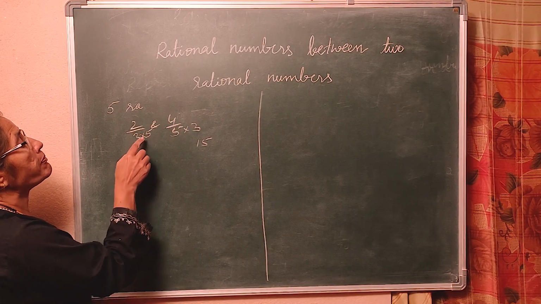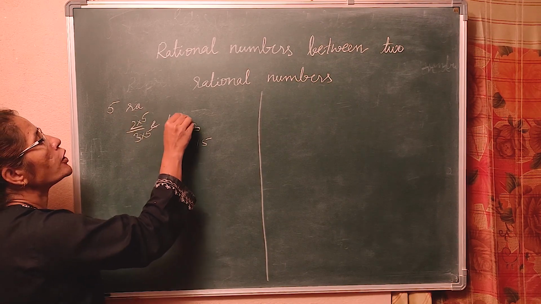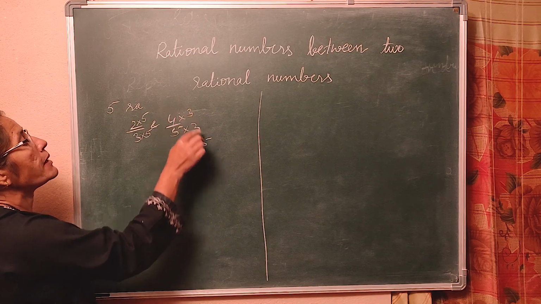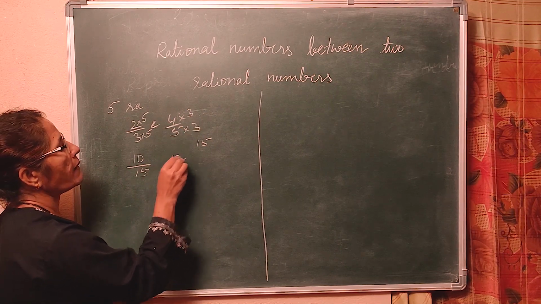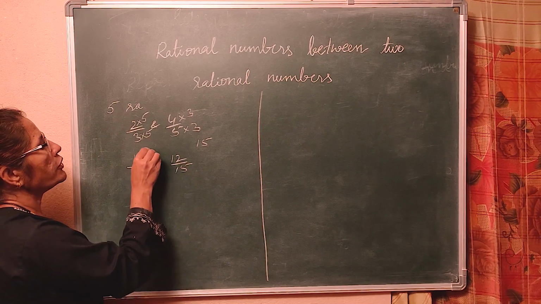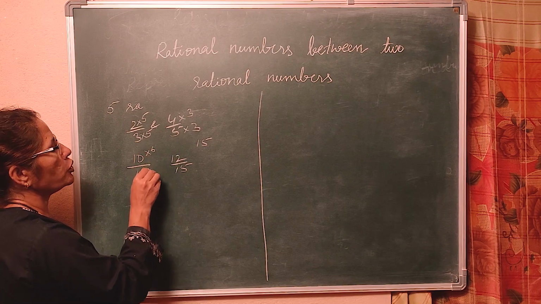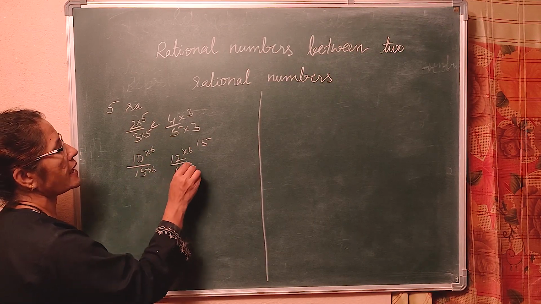But I cannot multiply only the denominator, I have to multiply the numerator also with the same number. So 10 by 15 and 12 by 15. Now in order to get 5 rational numbers, you can multiply by 6 to both numerator and denominator, once the denominators are same.